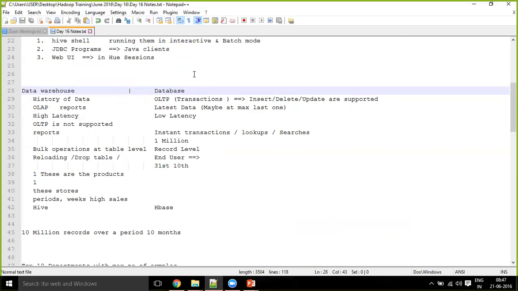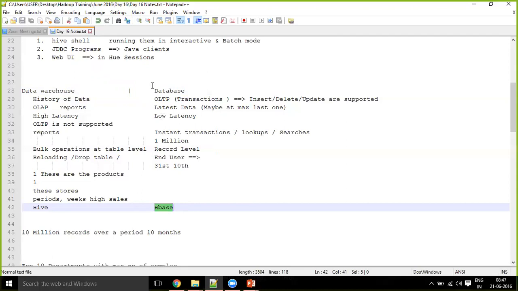Then who is going to fulfill my database requirements? It's HBase. So HBase is more like a traditional database system. It's not a traditional database, but you can use it as something similar to that.